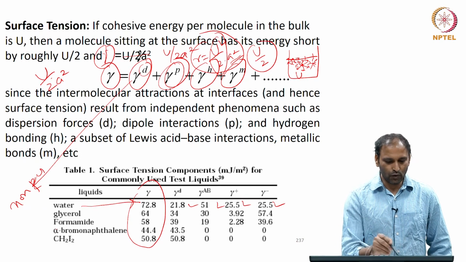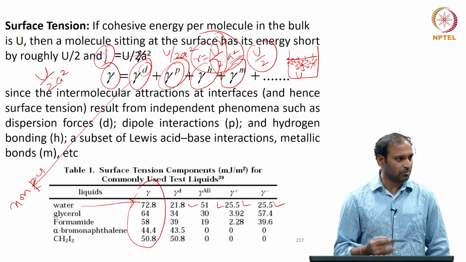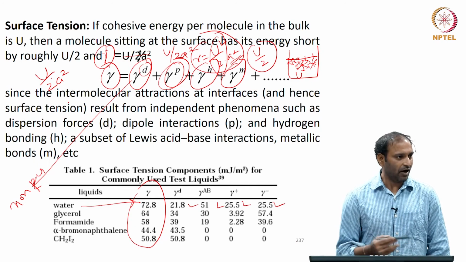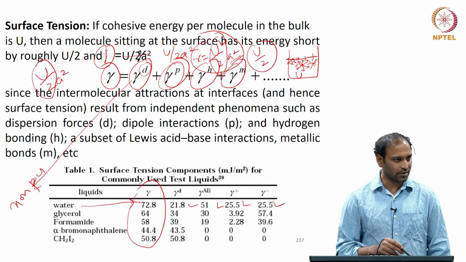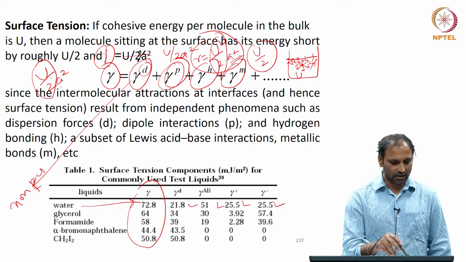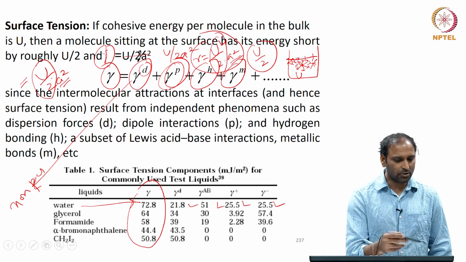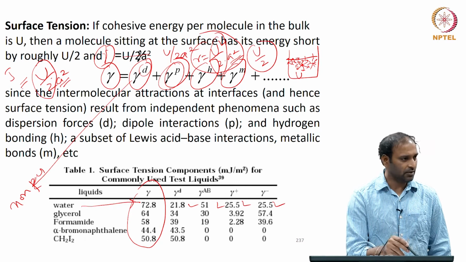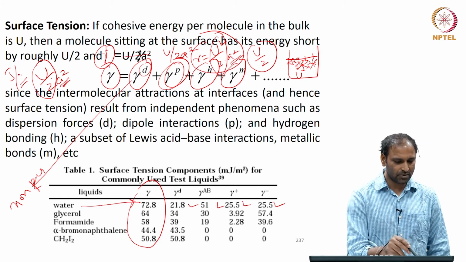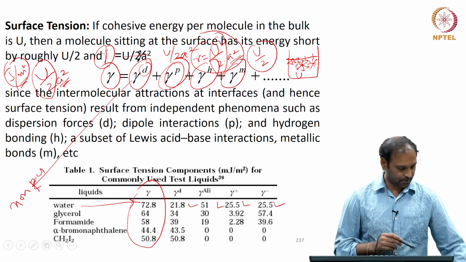Now, if u is the interaction energy between the molecules in the bulk, then u by 2, if you assume that there are only half neighbors, is the interaction energy for the molecules at the surface divided by A, because surface tension is energy per unit area. You will have units of energy and the area is a meter square, so this is essentially energy per unit area.